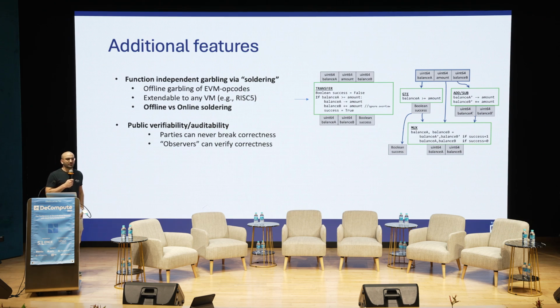This was the whole point of actually using garbling. So the idea is to use something called offline soldering, and all those blue arrows that you see that connect gadgets together, we can actually do the soldering all in offline. We don't need to know what is the active key of the execution.